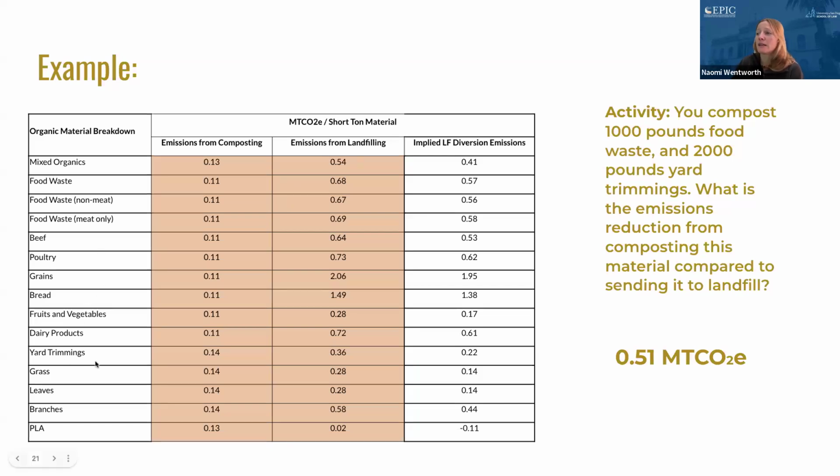And then yard trimmings, this 0.22 implied diversion emissions. And again, we're going to have 0.5 short tons of food waste because we're using 1,000 pounds, and then 1 ton of yard trimmings.